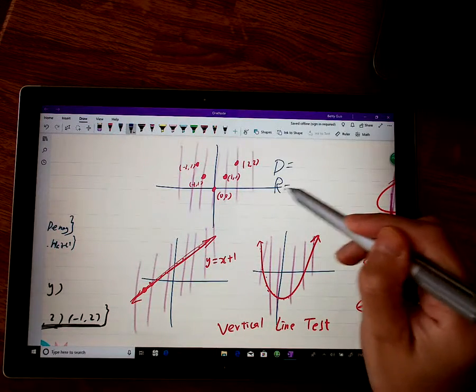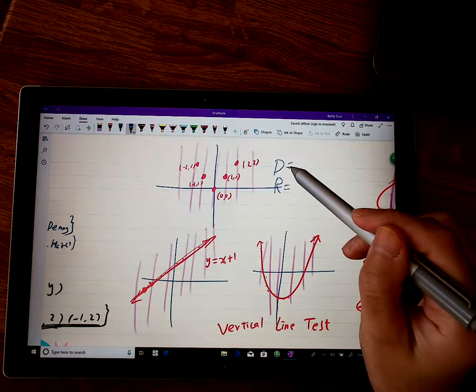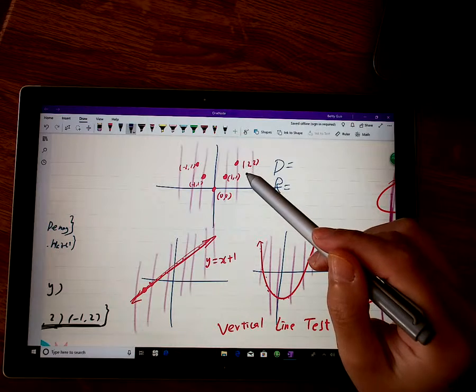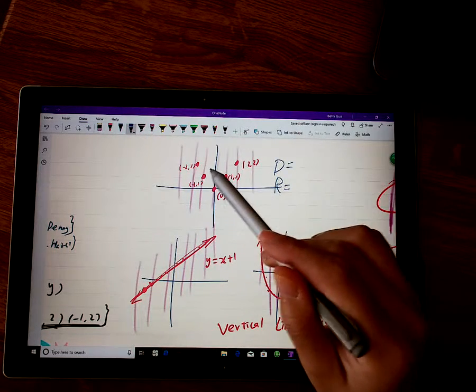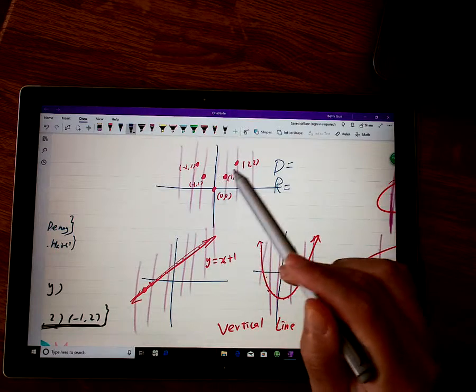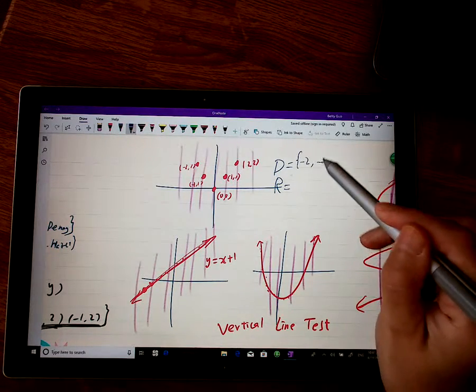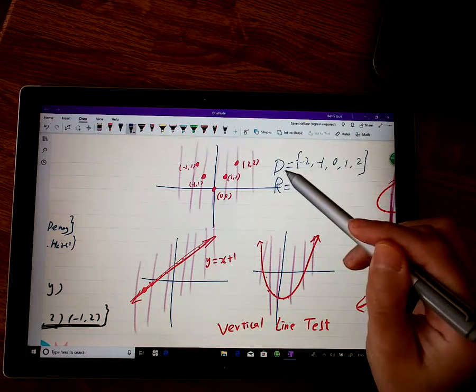What's its range? The domain of a function is the set containing all the first components of the ordered number pairs in the function. So it's going to be -2, -1, 0, 1, 2. 5 members in the domain.